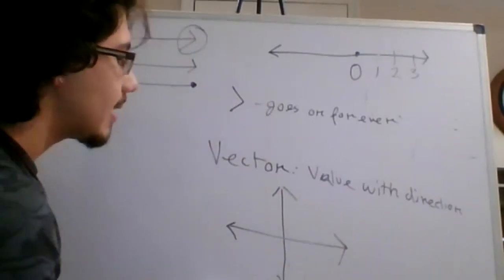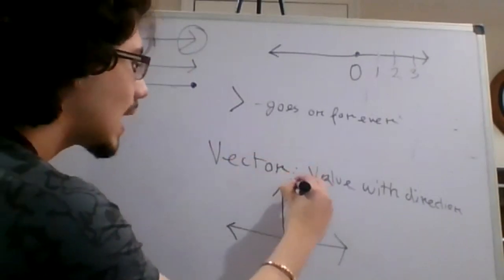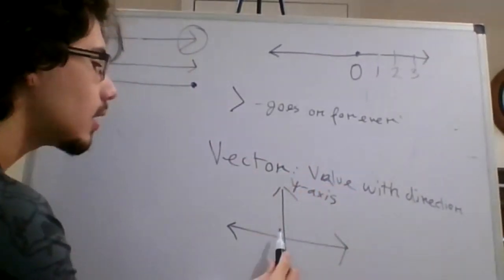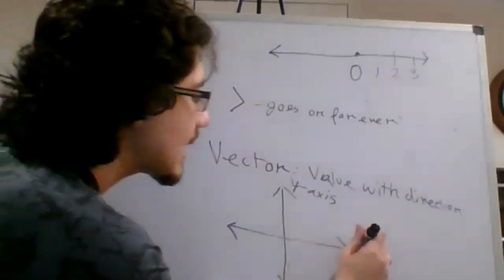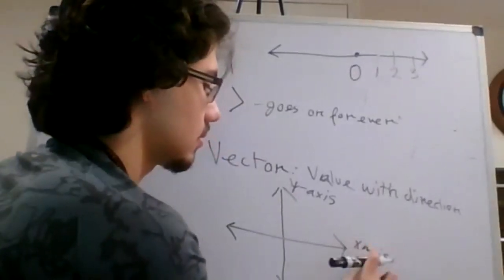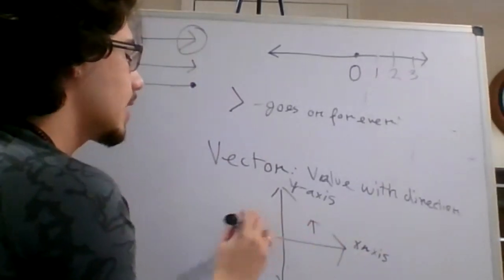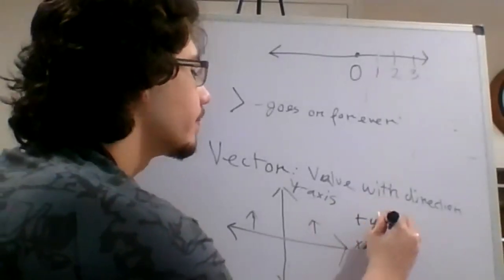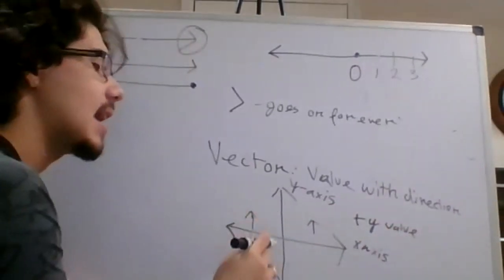What we say is that the arrow that points up forever is the y-axis. And for all the points that are above the x-axis, so from here upwards and here upwards, all of these have a positive y value. That's because it has direction.